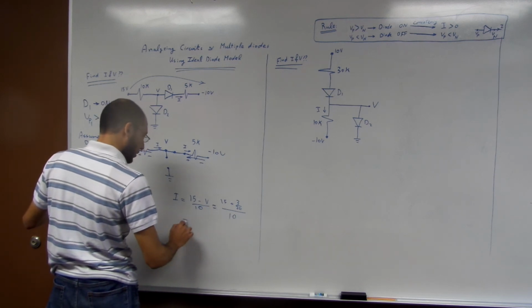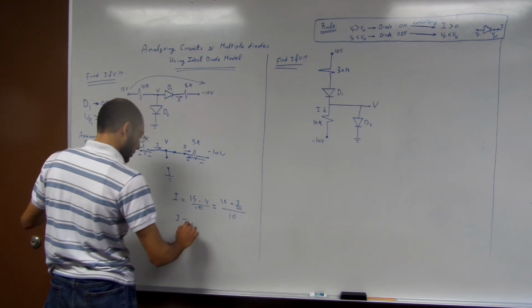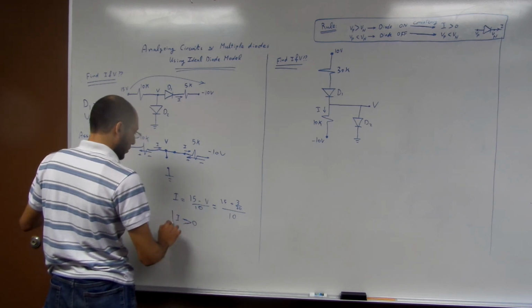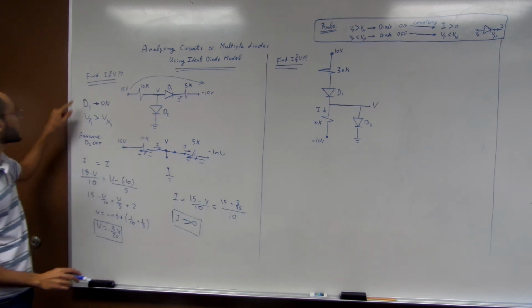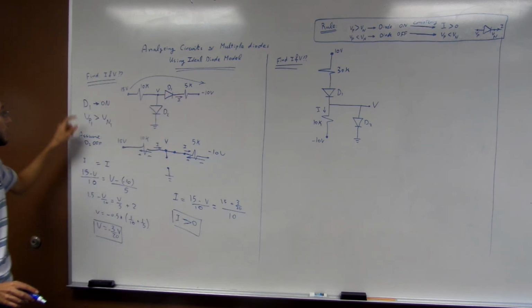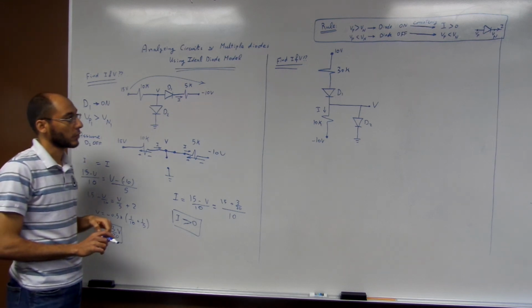So you can calculate this I, and you make sure that this value is greater than 0, okay, which is consistent with what we were assuming. Diode 1 is on, right?